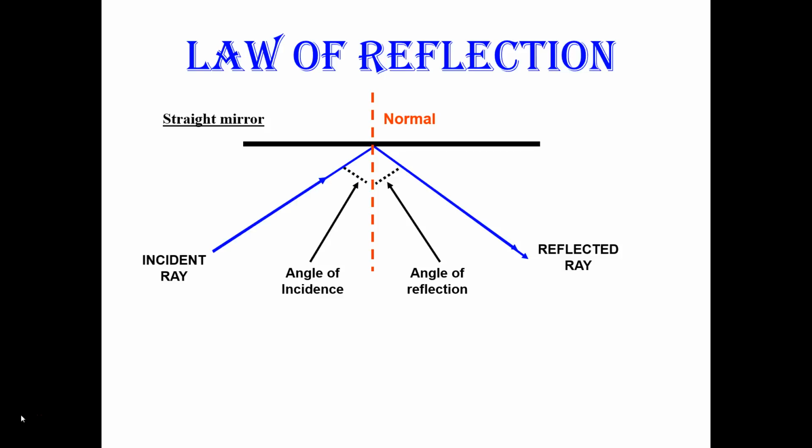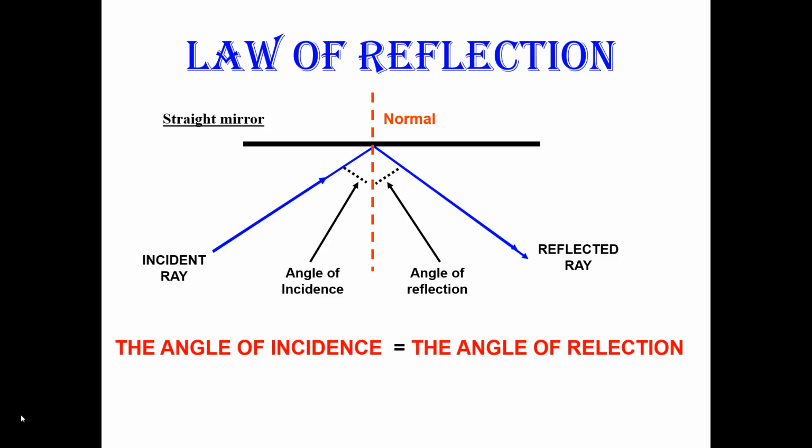The normal is an imaginary line that runs 90 degrees to the face of the mirror. The reflected ray is the light ray that bounces off the face of the mirror. The angle of incidence is the angle between the incident ray and the normal. And the angle of reflection is the angle between the normal and the reflected ray. All right, the law of reflection is quite simple.